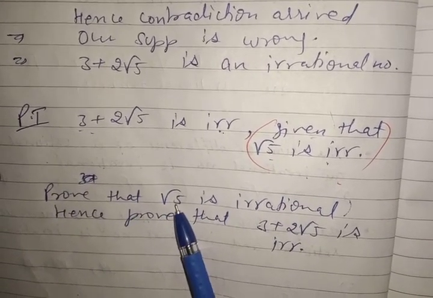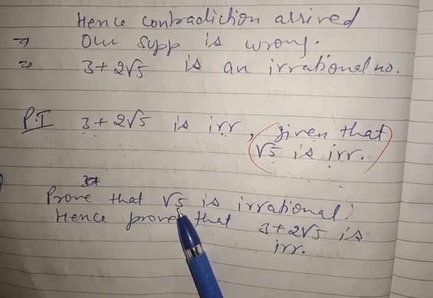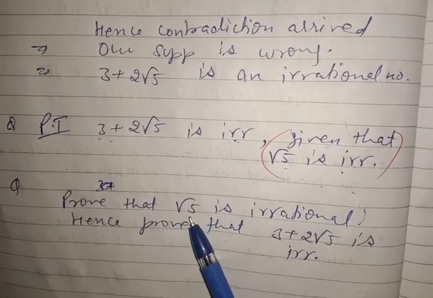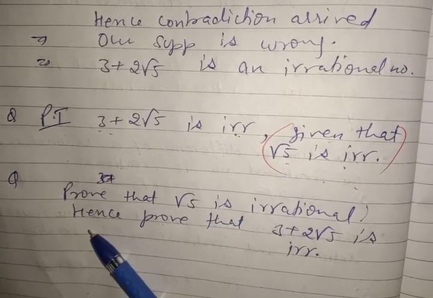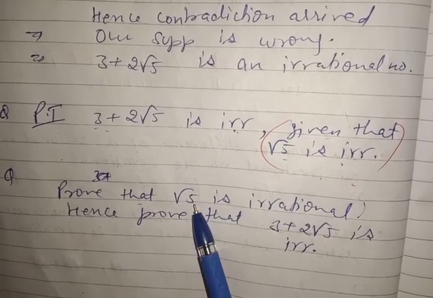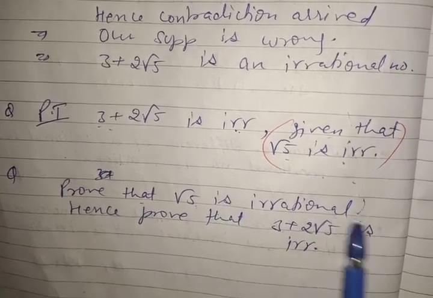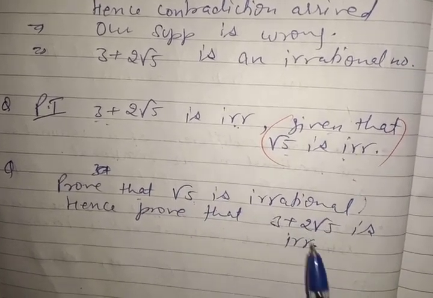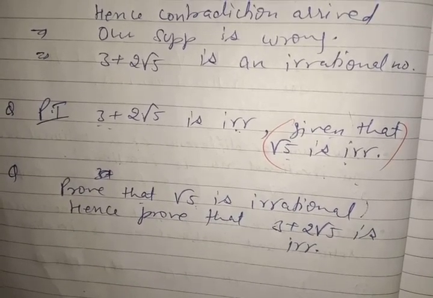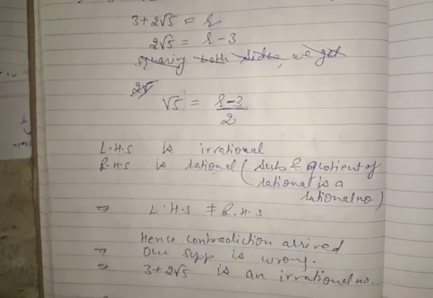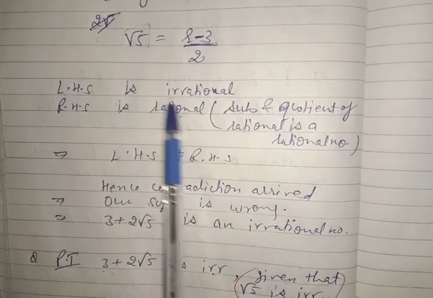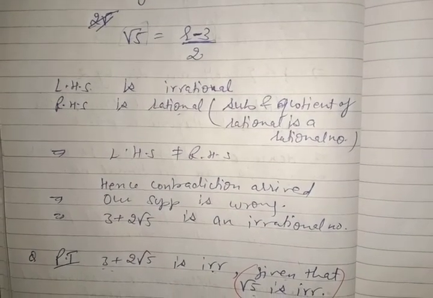First you will prove the whole question as I did for root 2. Prove that root 5 is irrational on the same steps. Hence, the meaning of hence is to use the answer of the first part. Prove that this is irrational. So you will follow all these steps, and then you can write here the left hand side is irrational, because you have proved it.